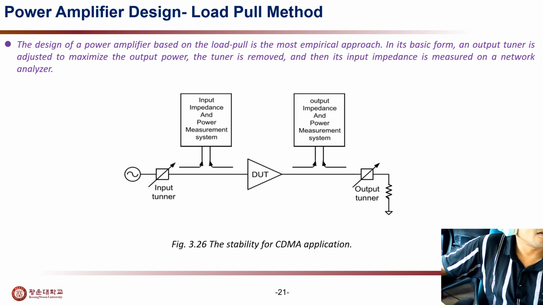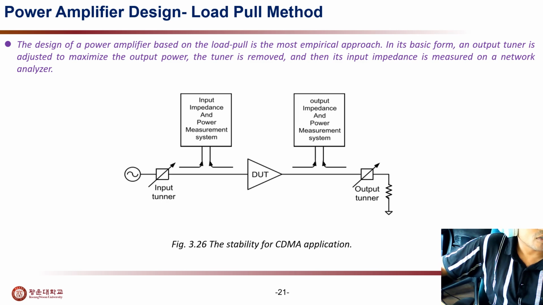And now I will discuss the power amplifier design using the load pull method. The load pull method is very important for power amplifier design. The design of a power amplifier based on load pull is the most empirical approach. In its basic form, an output tuner is adjusted to maximize the output power.